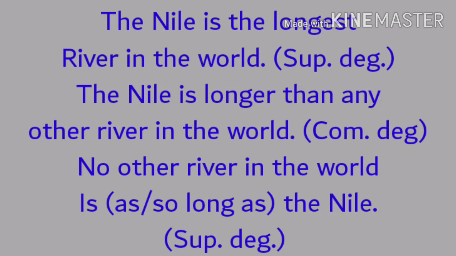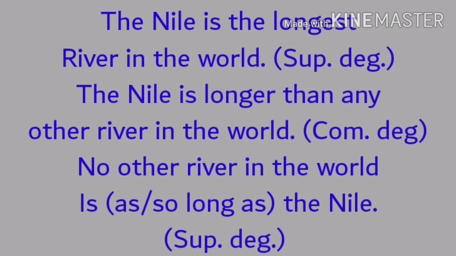And then, as I have told you, the positive degree begins with no other, plus the word or words which come after the superlative degree. Here it is river in the world. So we fix river in the world with no other to frame the subject of the positive degree. So no other river in the world.